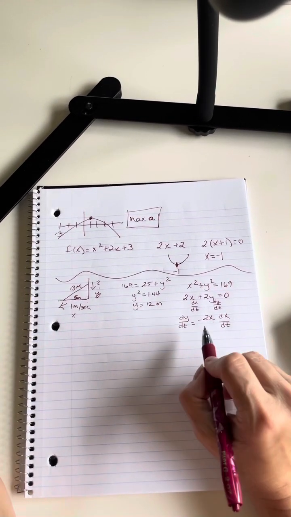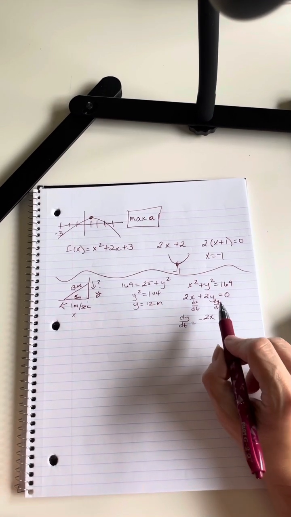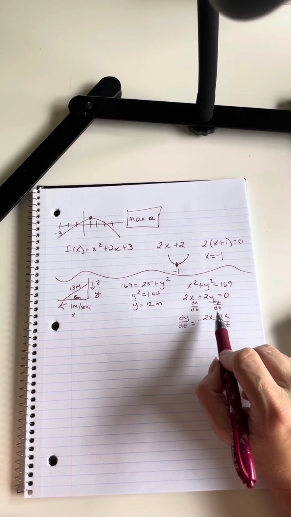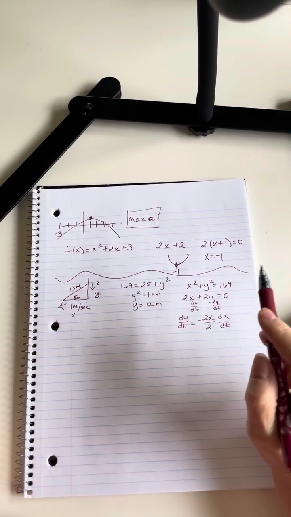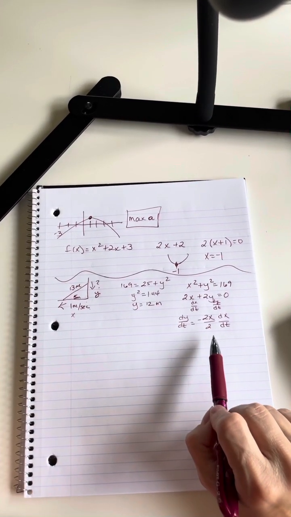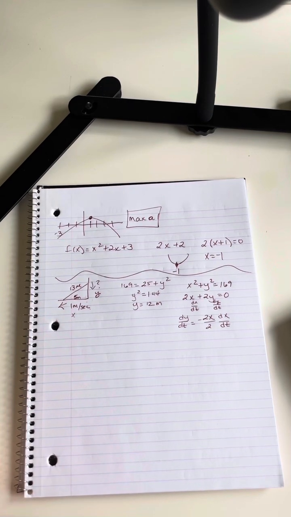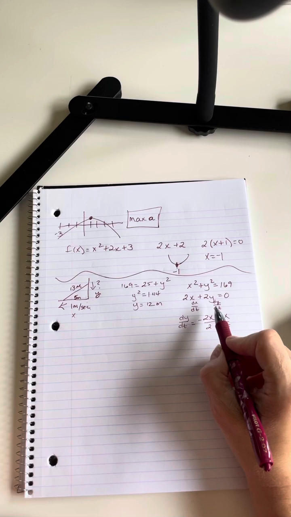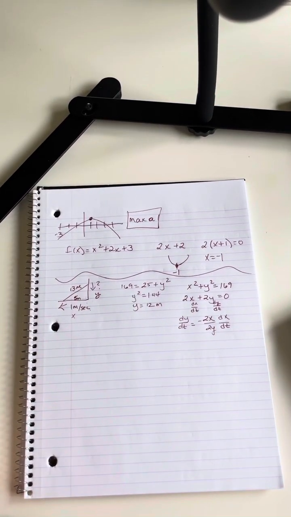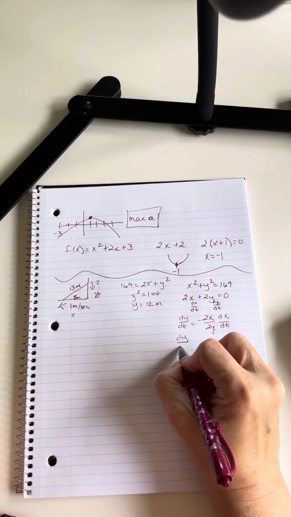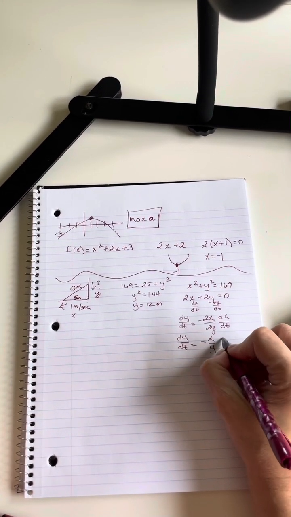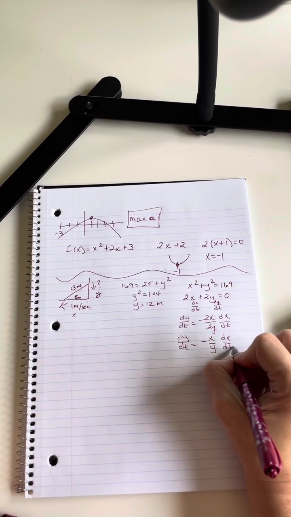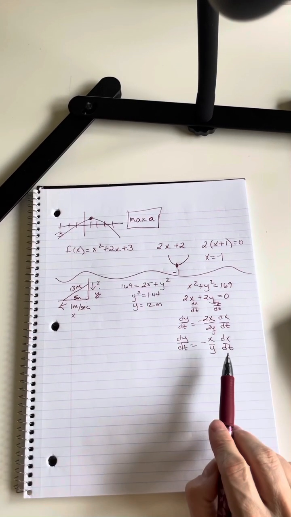No, I'm not finished. I moved the 2x over, making it minus, but I didn't divide by 2. I'm solving for dy over dt, so this is dividing by 2y. Oh, dy over dt equals negative x over y times dx over dt. Okay, so here's our derived formula.